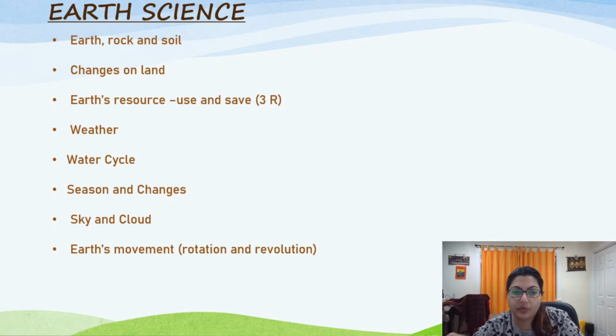Earth's movement will be next, the rotation and revolution. So season change and rotation and revolution I would do back to back, because they are interrelated, and we don't use the terms rotation and revolution at this level. But if your child is advanced, you can give it to them. I personally tell them that okay, this is called rotation, this is called revolution, and we talk about how the sun stays in one place and things move around, and how Earth rotates in its own place, as well as pivots around the sun, and the season changes and how time is related to this.